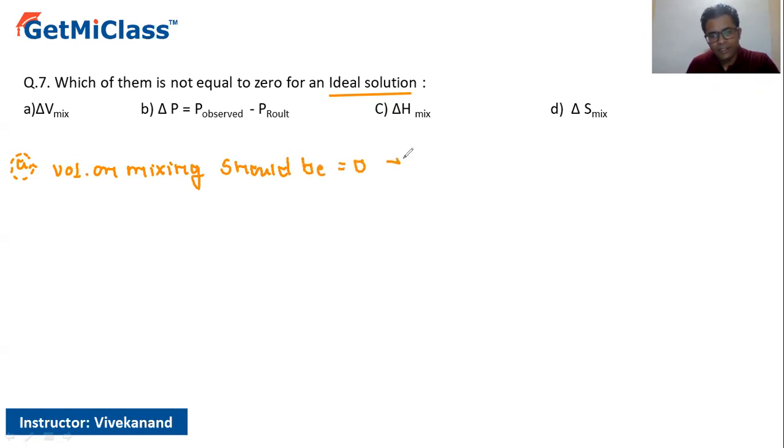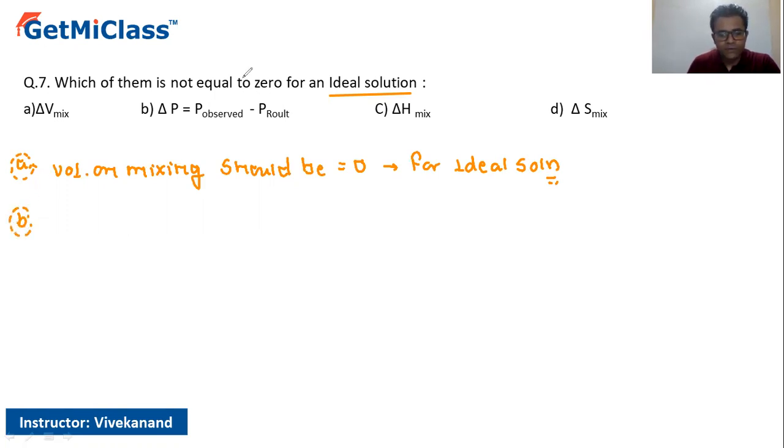That is one of the characters of our ideal solution. So our first answer, delta V of mixing, is equal to 0. This should be 0.